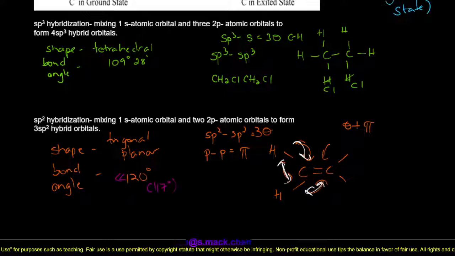So to recap, in this video, we've looked at hybridization in terms of ethane and ethene. In another video, I'm going to look at hybridization in benzene and resonance.